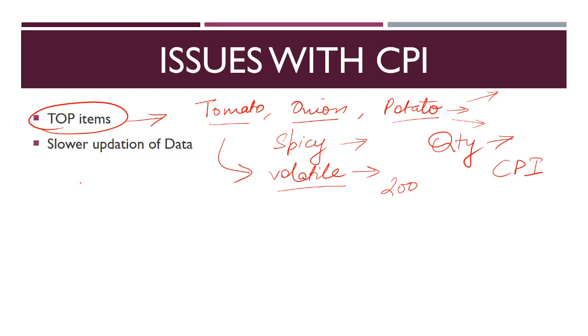The next issue which Mr. Bibek Debroy points out in this index is the slower updation of data. What is the base of this CPI, how is the data collected?